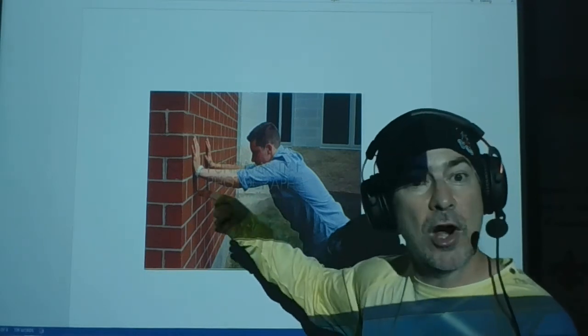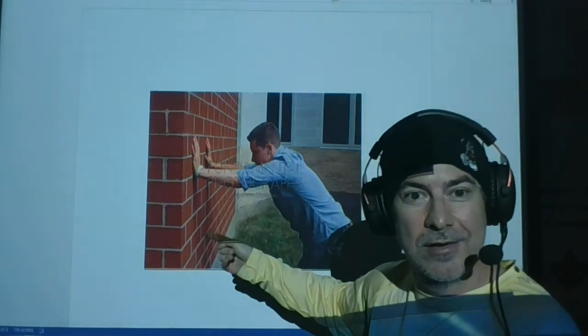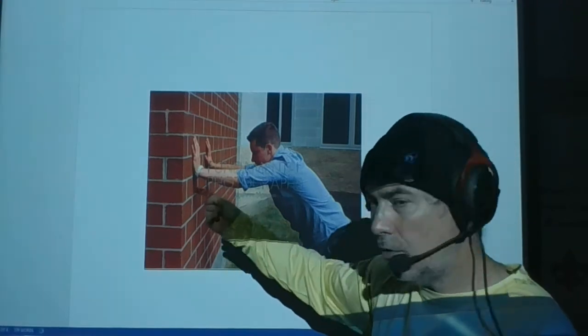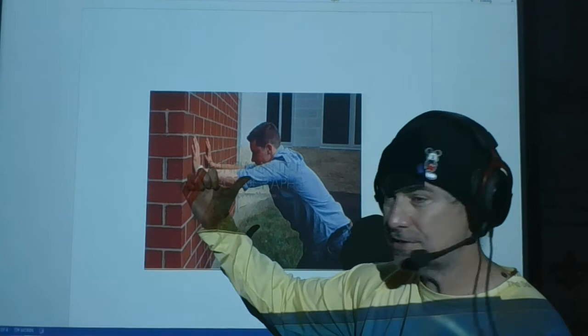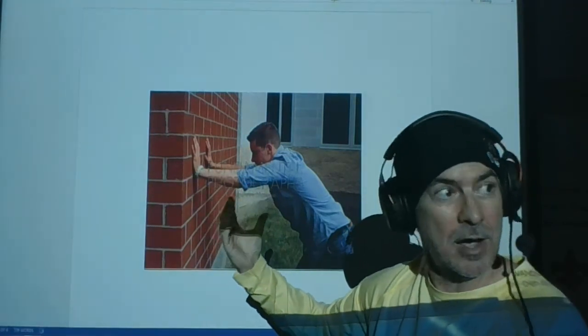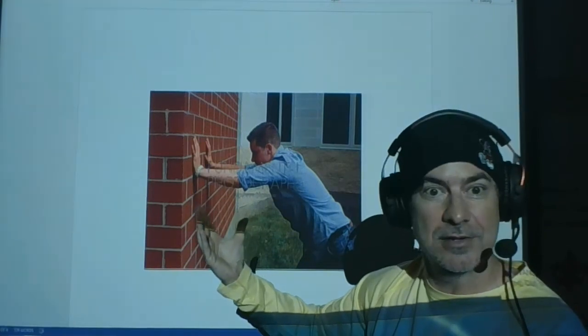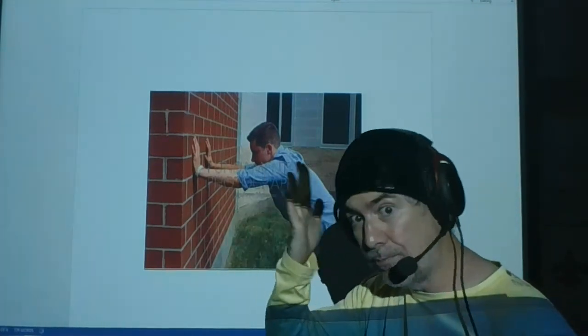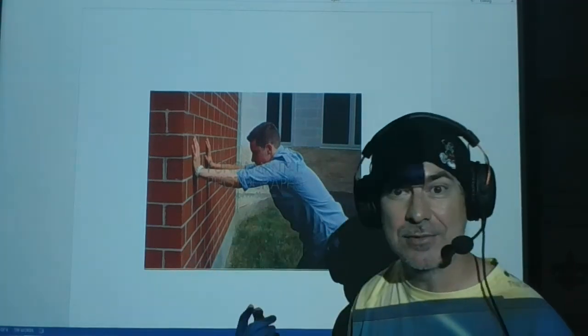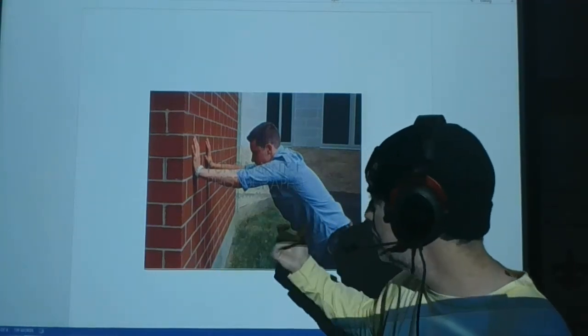The person is trying to move the wall. That wall's not going anywhere. The wall, thus, tries to move the person. Now, sometimes the wall can move the person. That's an option, but it's not the only option. Like if the guy runs into the wall, boom, the wall is going to slow the dude down and speed the guy up. So the wall can do work on the person, but it doesn't have to.